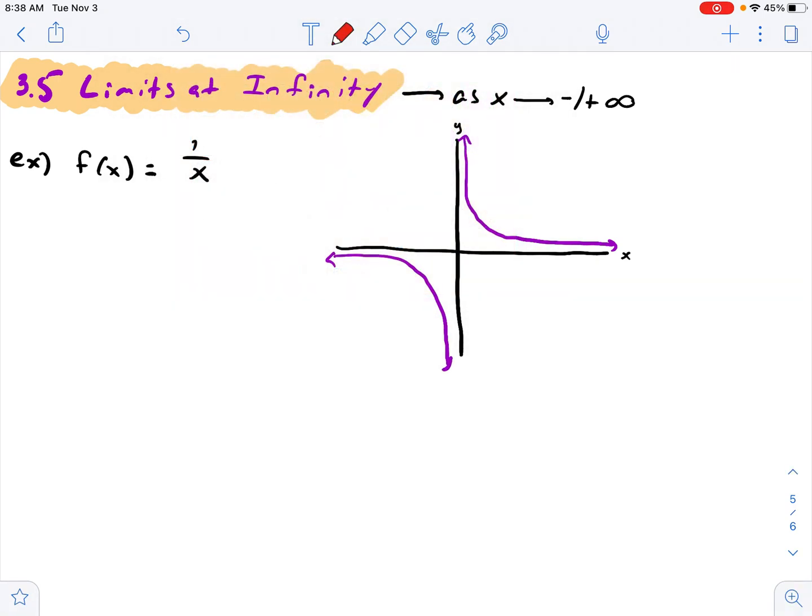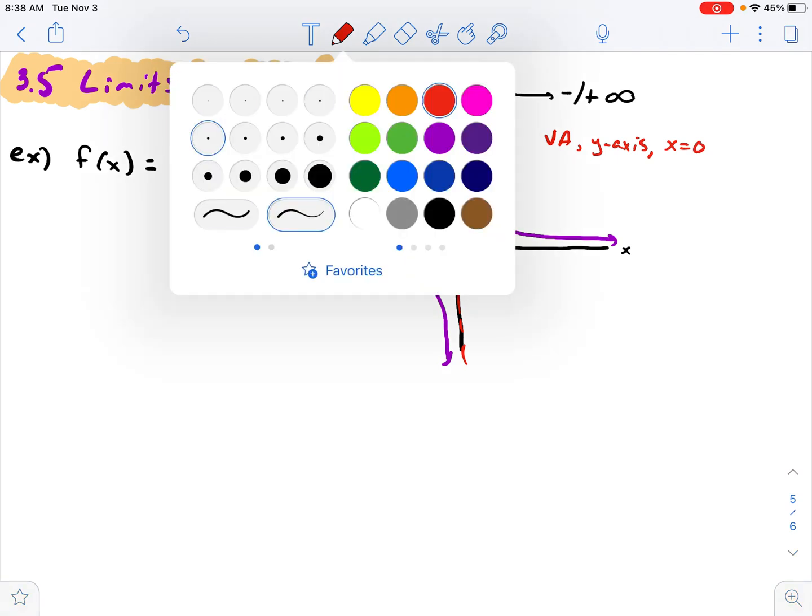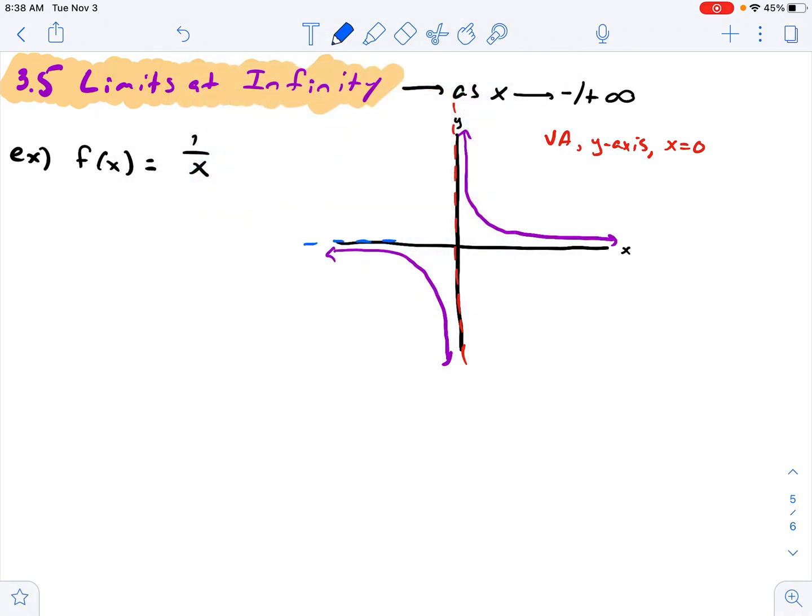And we do have some asymptotes here. We have a vertical asymptote along the y-axis, or the line x equals 0, we could call that. And we have a horizontal asymptote at the y value of 0 on the x-axis.